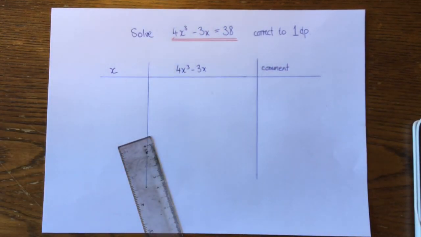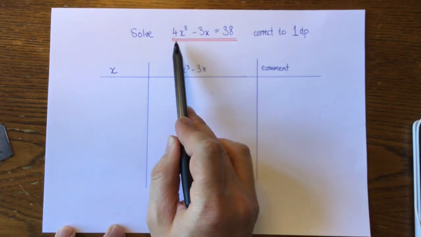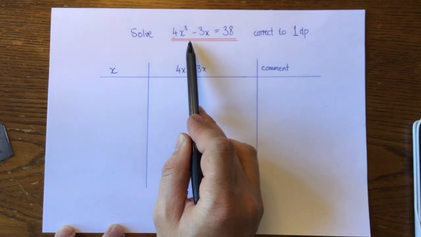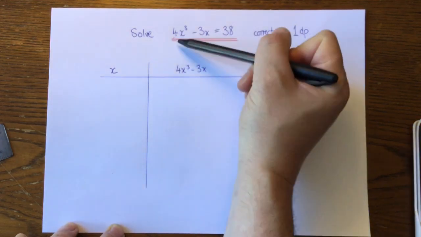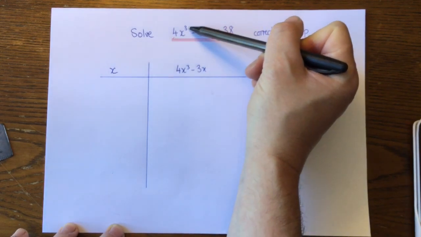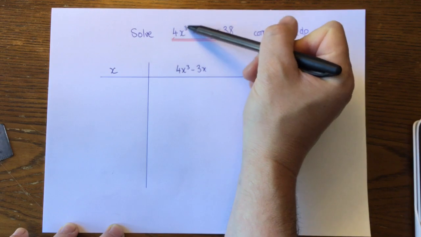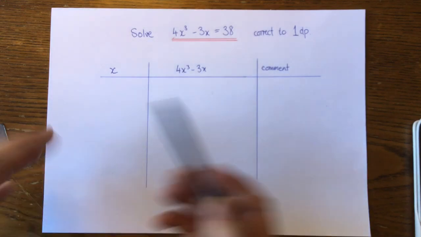So let's see. One thing I need to be very careful of here, guys, is 4x cubed. Well, BIDMAS tells me indices come before multiplying. So 4x cubed actually means 4 multiplied by x cubed. So we have to cube x first and then multiply by 4. Now, that doesn't tell us where to start.